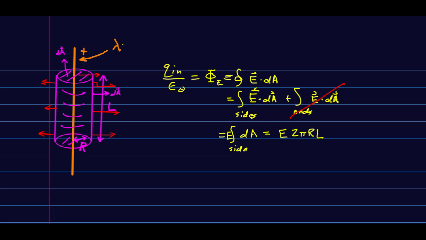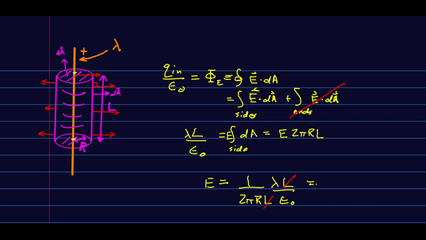And now let's look at Q inside. Well, if this has a linear charge density lambda, then the Q inside is just the charge from here to here, which is just lambda L. And I'm practically done, because E is now just going to be, notice how the L's cancel.